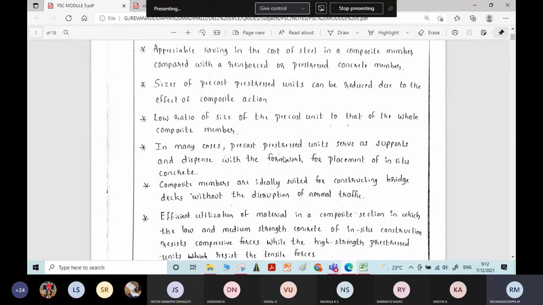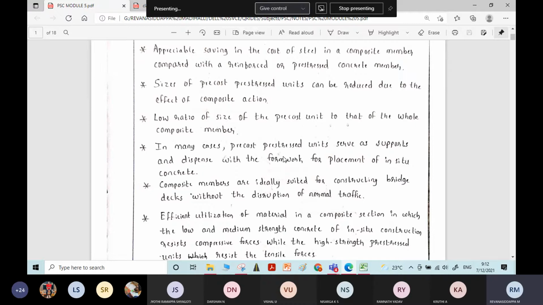Girders they will cast in the casting yard and then place them. But with respect to the slab, most of the time they will do pre-stressing at the site. If you do it like that, it requires skilled labor and advanced equipment at the site to induce the pre-stresses into the element.